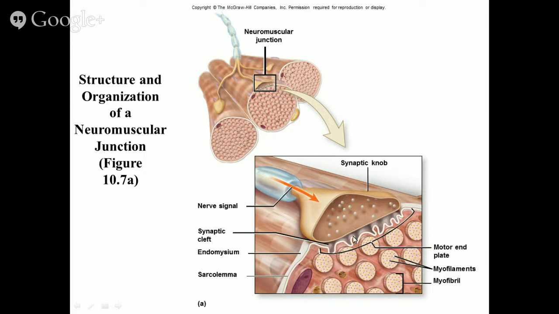There's an actual space. That electrical current is not going to pass that space. So we have an issue because we really want this neuron to be able to talk to this giant muscle cell. The only problem is when he goes to talk to the muscle cell, nothing's going to happen unless we can get some communication across the synaptic cleft.